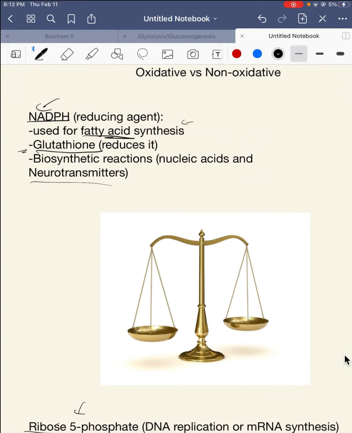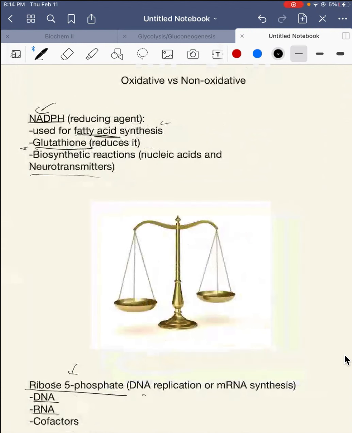Whenever the cell wants to run fatty acid synthesis, we'll need a lot of NADPH. This happens mainly in fat cells, adipocytes, but in any cells that want to run fatty acid synthesis in general.